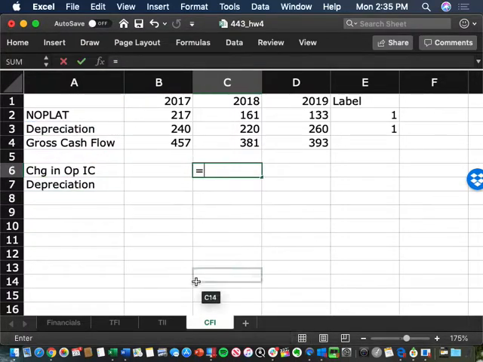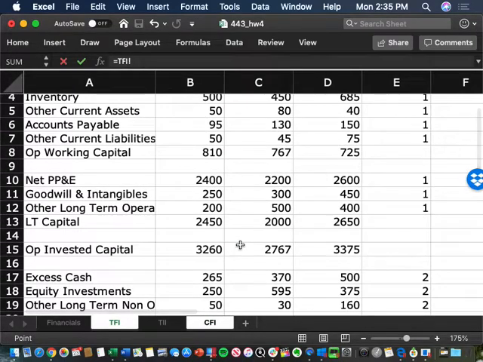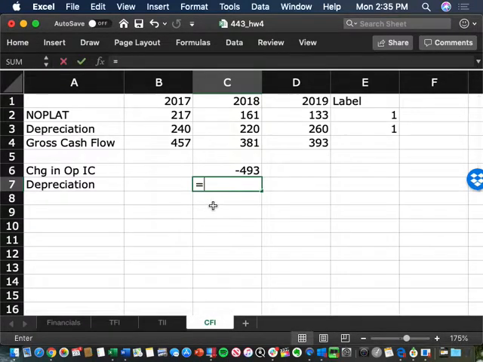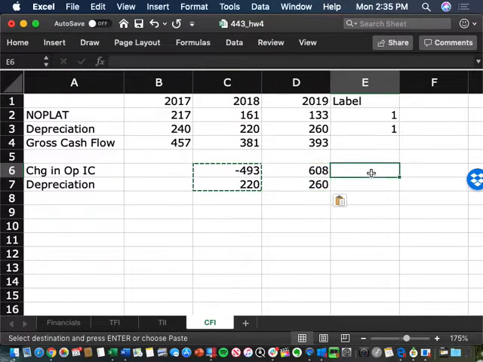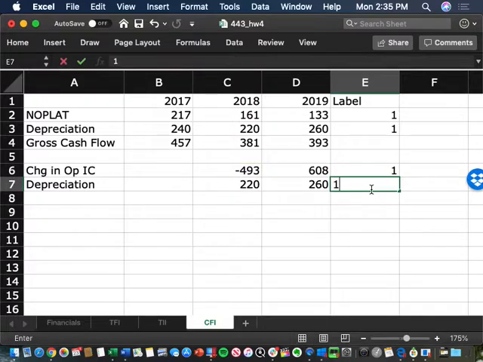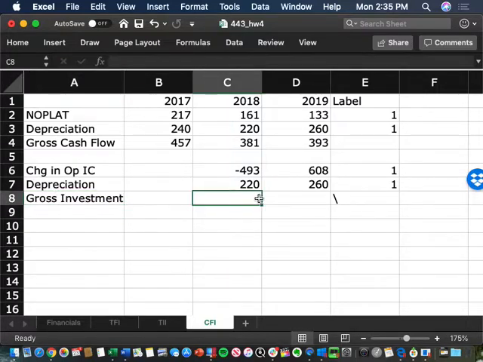Our change in invested capital was current year minus previous year. Our depreciation was the current year. And copy, paste. When you add the 2 together, that was the gross investment back into the operations of the business from a cash standpoint.